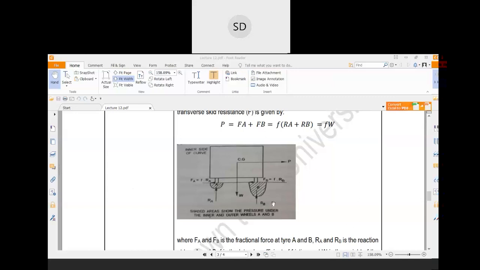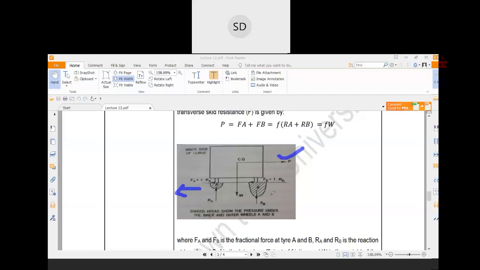W is the weight of the vehicle, and in the opposite direction to the centrifugal force the frictional force is acting, with the coefficient of friction f. If Ra and Rb are the two support reactions, the frictional force over here would be f into Ra, and here f into Rb.